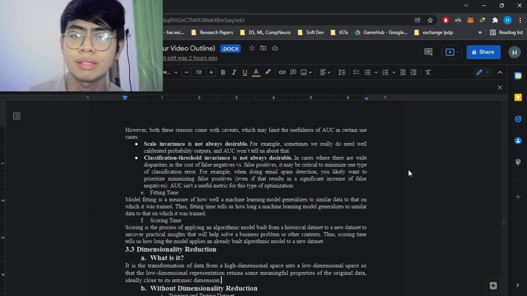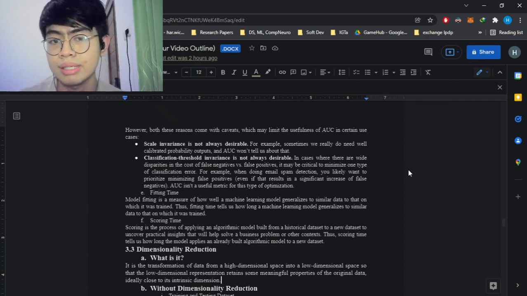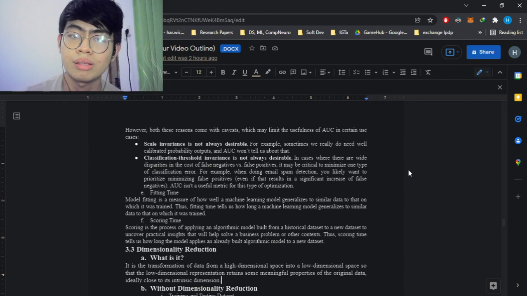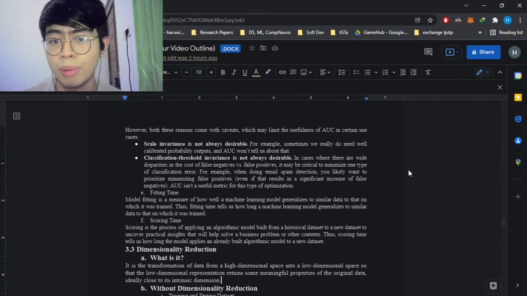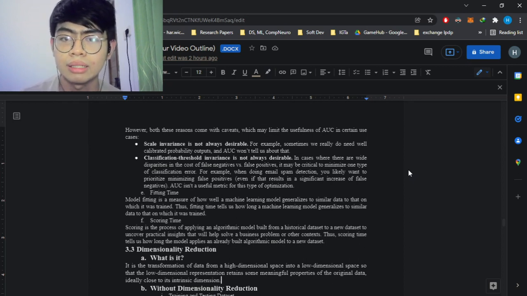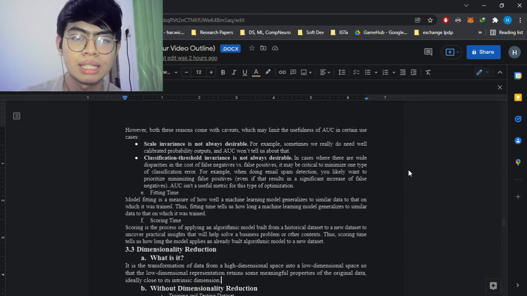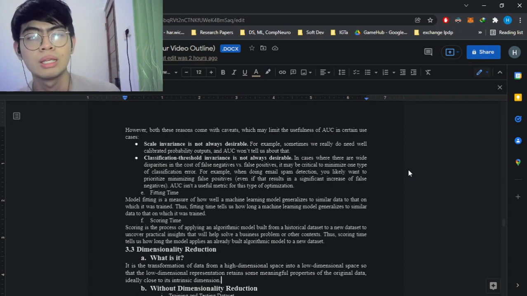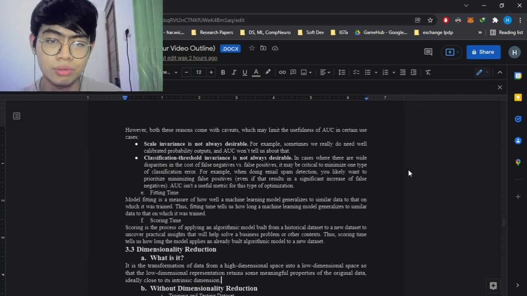And the second reason is that threshold invariance is actually not always desirable, because sometimes there are wide disparities in the cost of false negatives versus false positives, and it may be critical to minimize one over the other, right? For example, when doing email spam detection, you might want to prioritize minimizing false positives, right?